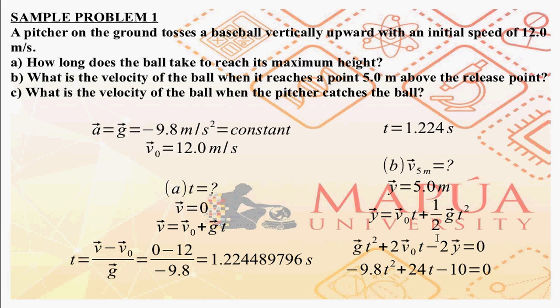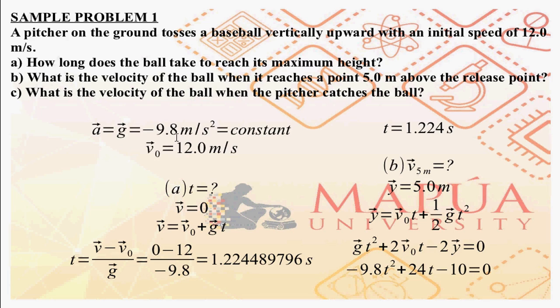Looking at the equation y equals v naught t plus 1/2 gt squared, you transfer y to the other side and multiply the whole equation by 2, and you have gt squared plus 2 v naught t minus 2y equals 0.